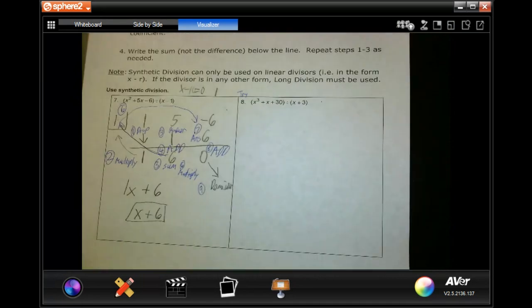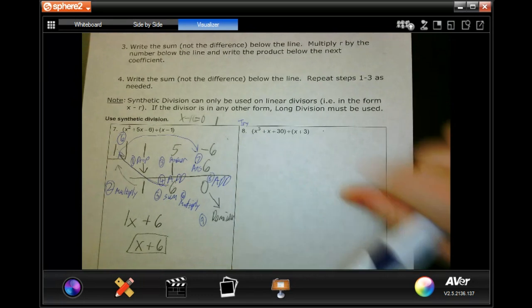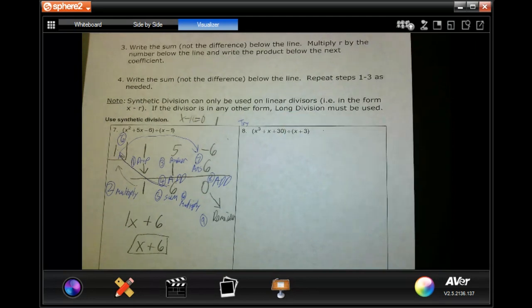Give number 8 a try. Set it up. What do we need here? What kind of function is this? What kind of dividend is this? What kind of function would that be if it were y equals?